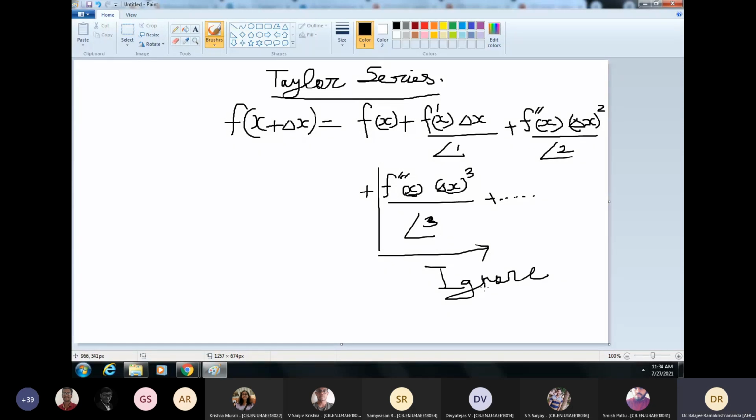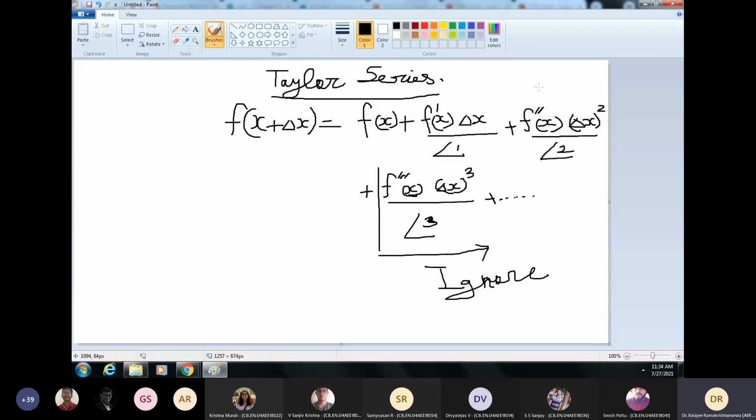What are you doing? You are neglecting terms of the order of delta x cube or more. What does it say? If I know the function at f of x, I know f prime x, I know f double prime x, and so on and so forth, I can find the value of the function at the next point, x plus delta x, if delta x is very small. We are approximating by a straight line. In a straight line, f double prime x is 0, correct?